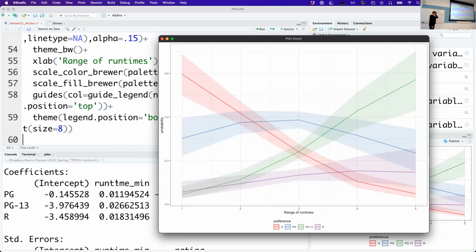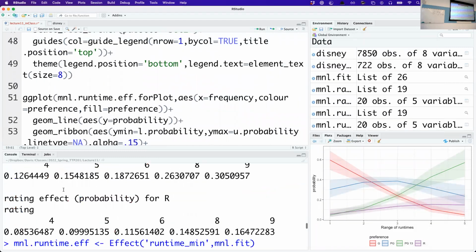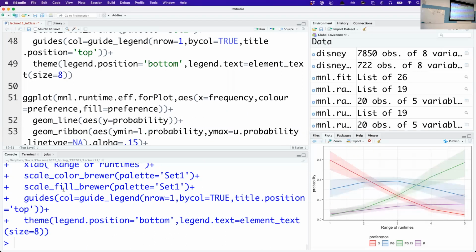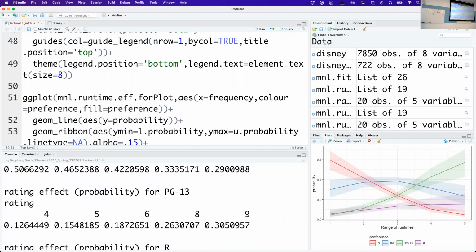Yeah, you can. It's a little bit more work because of the way that I wrote this function. So we did this whole thing about getting the effects, right? And it gives you the probabilities across some values of like ratings.